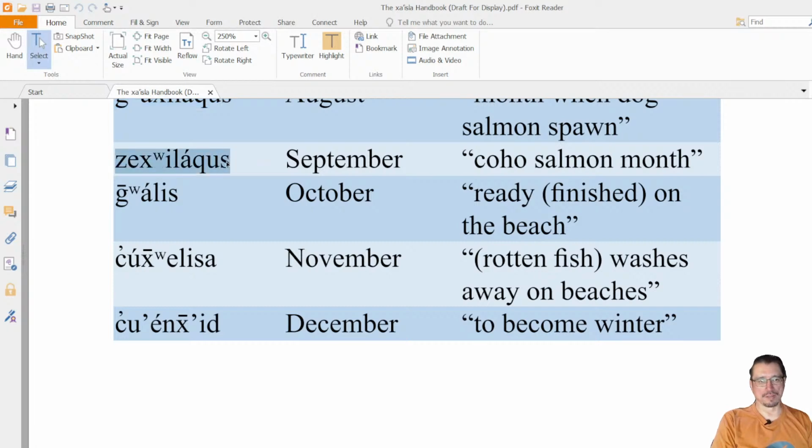Next is Zahuilacos. This is September, and it means coho salmon month. So Zu'un is coho in á'isla. Zahuilacos is the time of coho salmon.